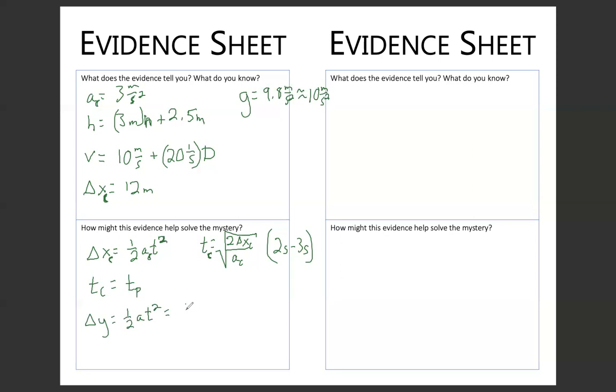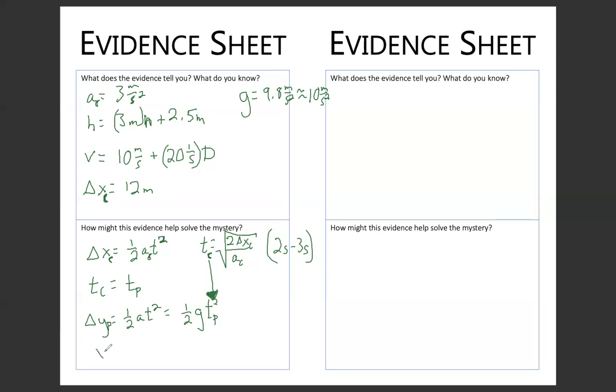But in this case, it would be 1/2 the acceleration for the plant, right? The acceleration of the plant is just g, the acceleration due to gravity. And t plant squared is the same as this time, right? That time is going to go in there. And we could use that time to figure out the height that it fell from.